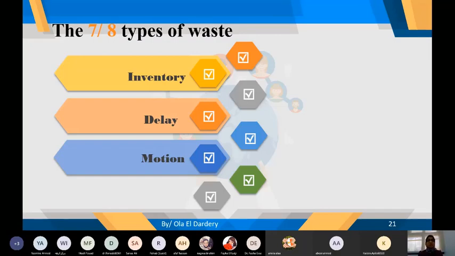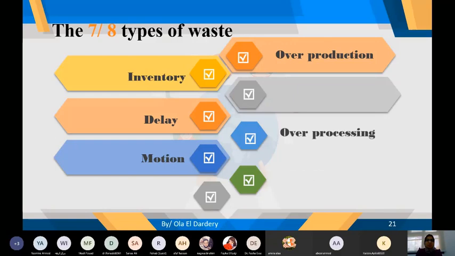Motion as well involves when a factory floor worker has to walk, for example, to get coffee from outside the workplace, and it takes him 10 minutes to go outside, get the coffee, and then move back. This is motion waste. This is something that needs to be fixed by making the workspace more flexible, by making sure that people don't walk a lot to reach their targets.